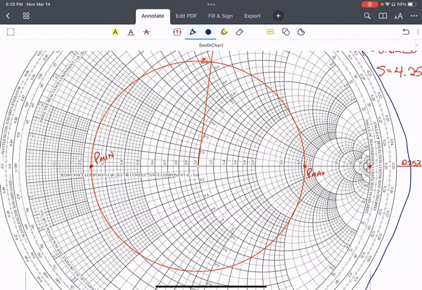So if we start at ZL and you went half a wavelength away from ZL towards the source, towards the generator, you're stuck to your standing wave ratio circle, you'd end up exactly back where you started after 0.5. After 1, same thing.